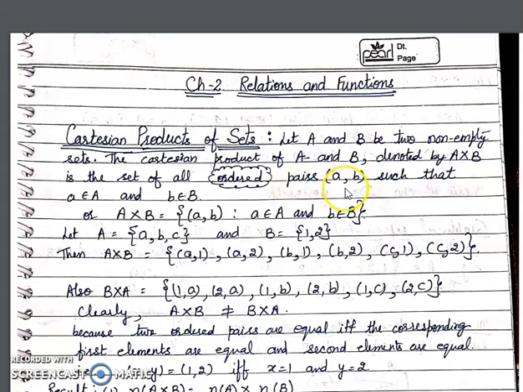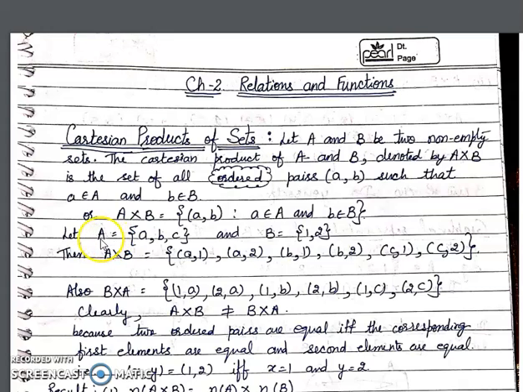So in the ordered pair (a, b), the first element a belongs to the set A and the second element b belongs to the set B. Because here A cross B, so first element from the set A and second element from the set B. Clear? So A cross B is the set of ordered pairs (a, b) such that a belongs to set A and b belongs to set B.